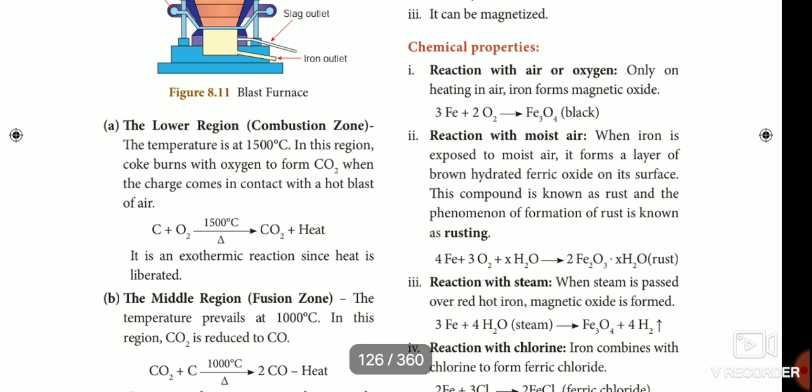Then the reaction with acid. The acids are hydrochloric acid, HCl, sulfuric acid, H2SO4, and nitric acid, HNO3.